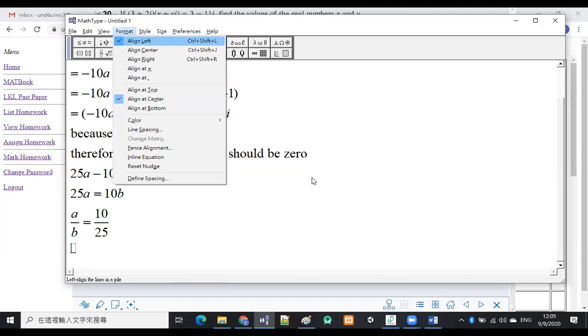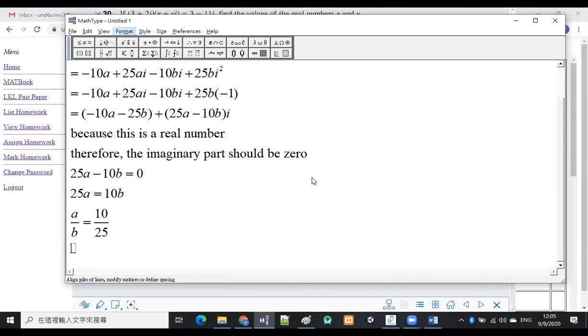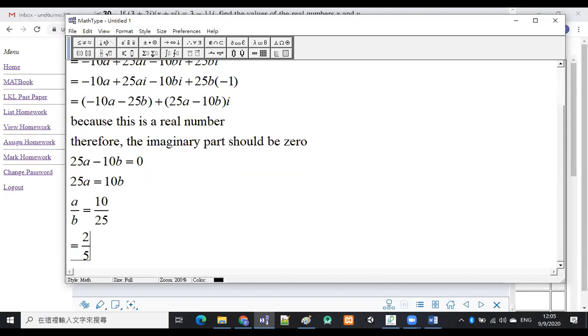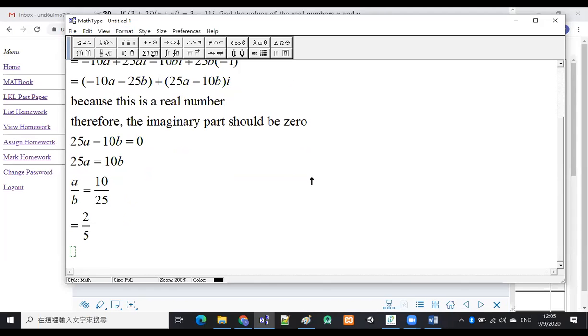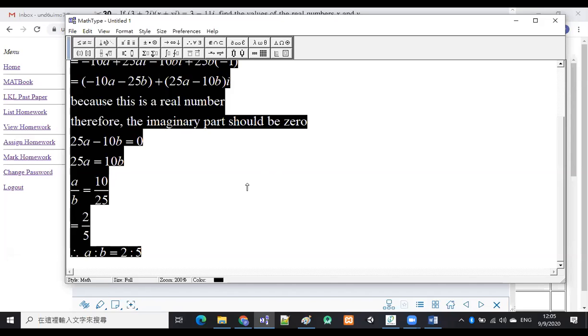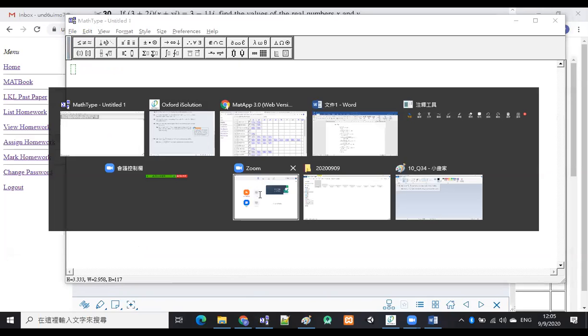But 10 over 25 is actually equal to 2 over 5. Therefore, the ratio of A to B is equal to the ratio of 2 to 5. And that is the answer. Okay, so this is question number 32. Do you understand? Let me copy and paste here.